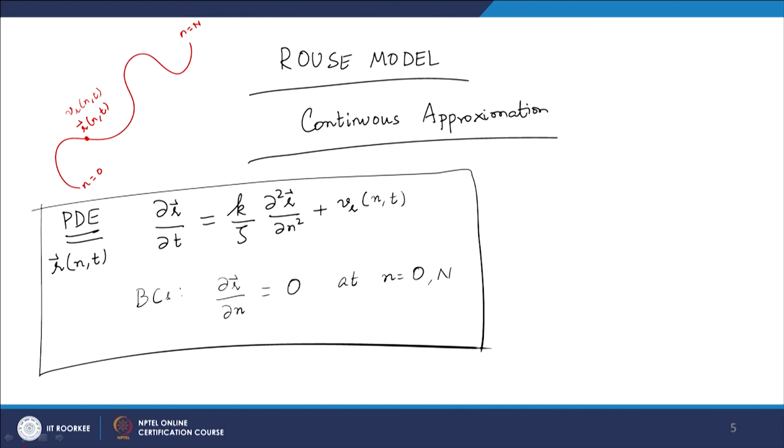this becomes the statement of the Rouse model. Now, it turns out that this is a second order partial differential equation, and it is somewhat difficult to solve. So, in the next class what I will discuss is that we can write this equation equivalently in terms of a series of ordinary differential equations, and those ordinary equations are easier to solve, and then we can get a solution in terms of what are known as Rouse modes, which I will elaborate in the next lecture.